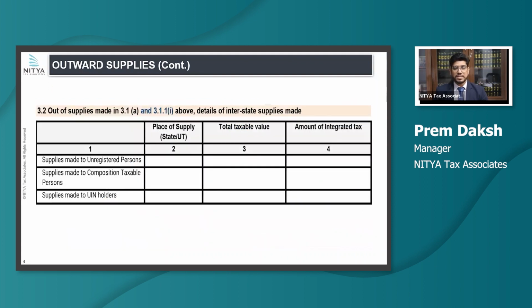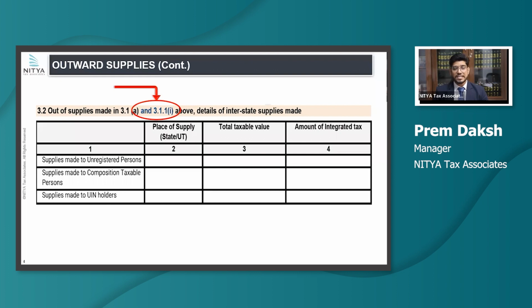In table 3.2, a reference to the newly inserted table 3.1.1 has been added. This means that here in table 3.2, we need to report the figures of both table 3.1 and 3.1.1 for interstate supplies.